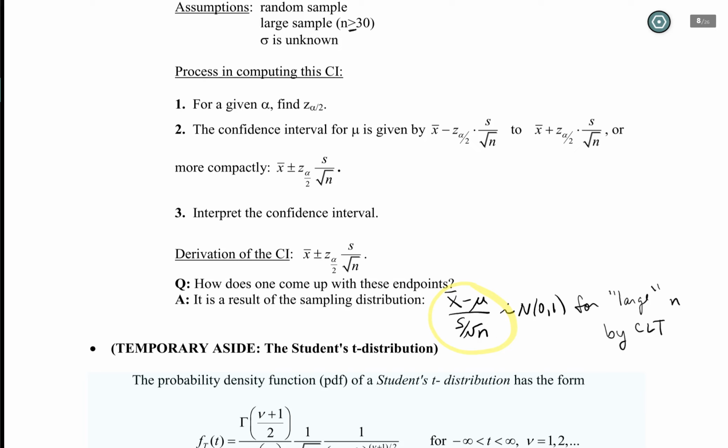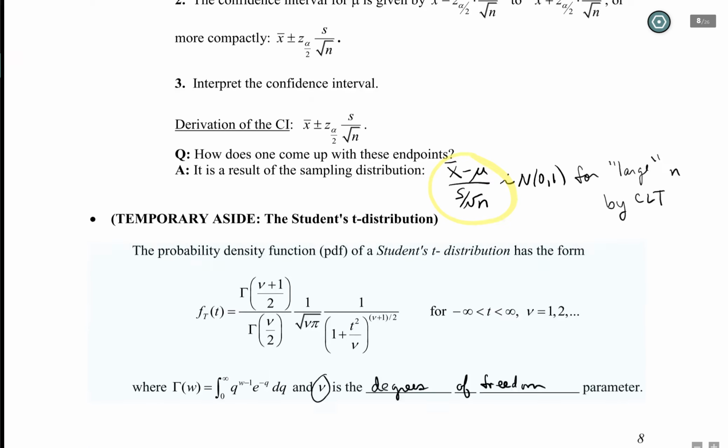Well, it turns out that the ratio I've got circled there does not follow a normal and is not really that close to a standard normal if n is small, and it comes from any population.